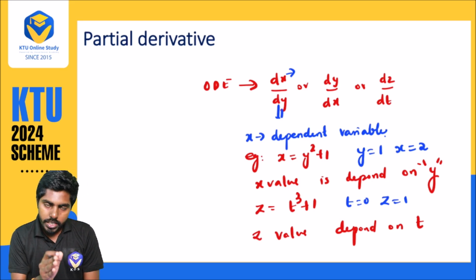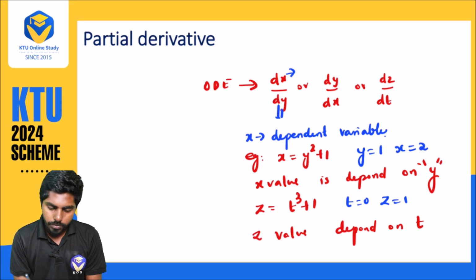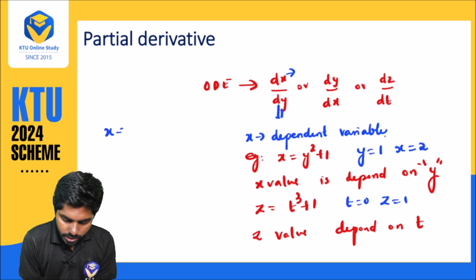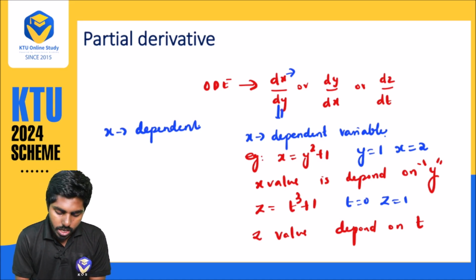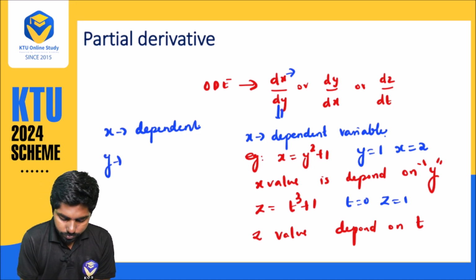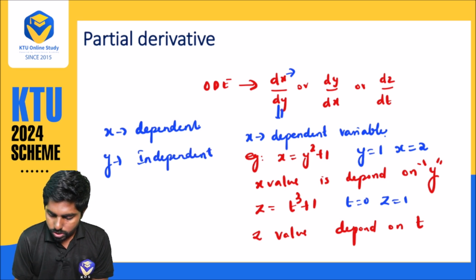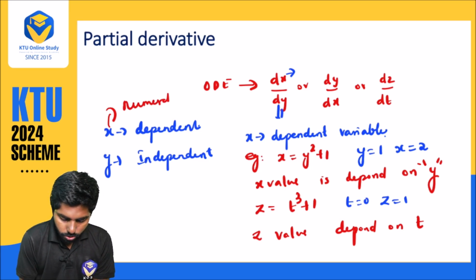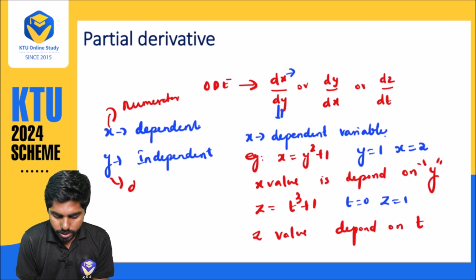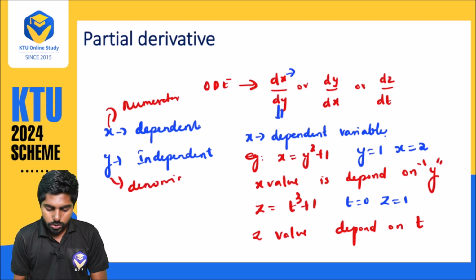So here in dx by dy, x is the dependent variable. That means the numerator is the dependent variable and the denominator is the independent variable. This is the difference.